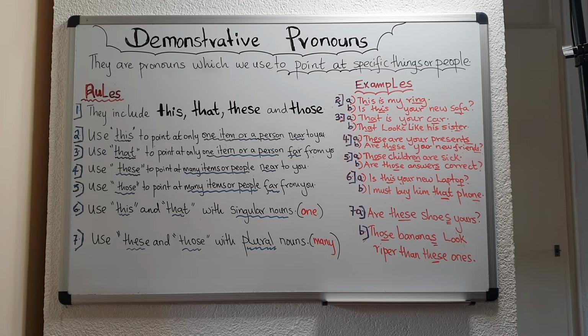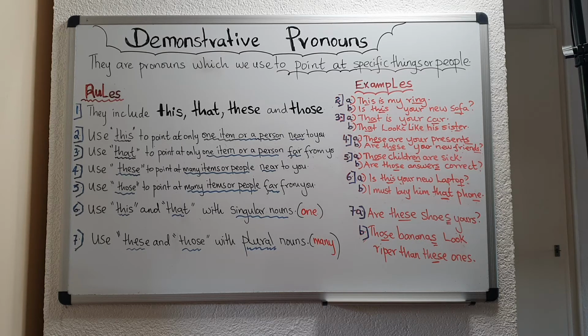What are demonstrative pronouns? They are pronouns which we use to point at specific things or people. And most of the time, we use our fingers to point at specific things or people. Now, what are demonstrative pronouns?